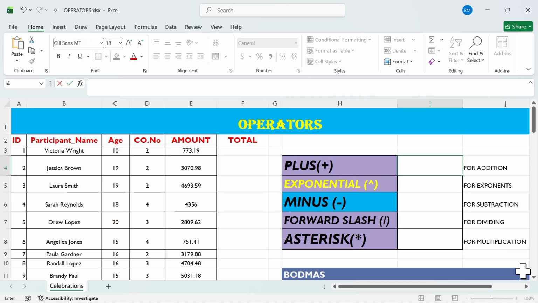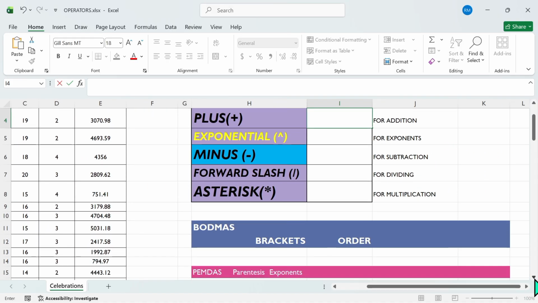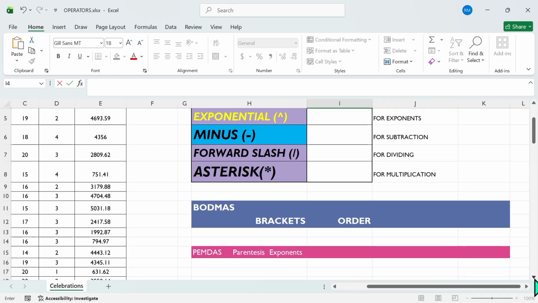Now, what I want you to know is that Excel also follows BODMAS. Remember, BODMAS stands for brackets. Everything that is in brackets, Excel will start by expanding that, and then it looks at the second thing, which is the order: anything with a power, with an exponent, followed by division, multiplication, addition, and subtraction.